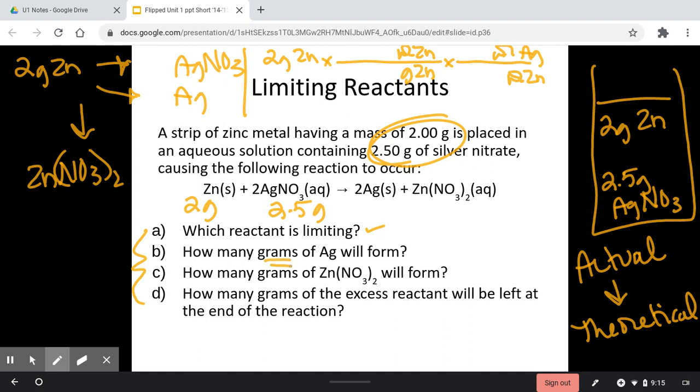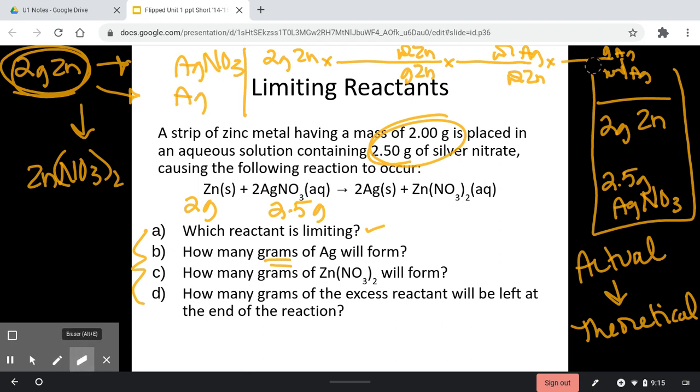They don't say according to your calculations in moles or according to your calculations in grams. So I can do that one in any unit I want to do. But B, they say how many grams of silver will form. Well, I have to do that one in grams. And so if that's the case, then I need to go a step further and go moles of silver to grams of silver. So all of these calculations are going to look very similar.